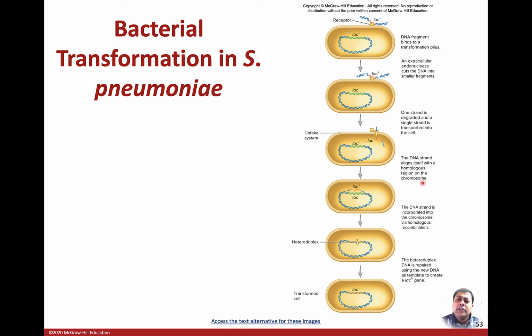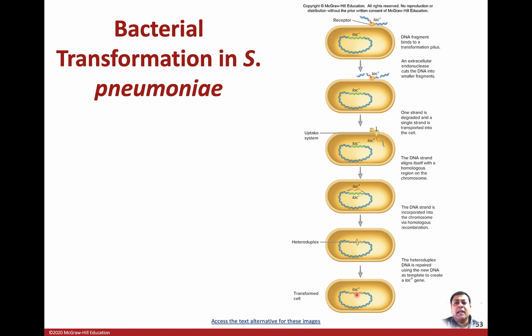And to do this process, a particular condition of the cell needs to be met, and we call this the cells being competent. So in a growing culture, only about 10-15% of the cells are in a physiological condition where we call them competent.